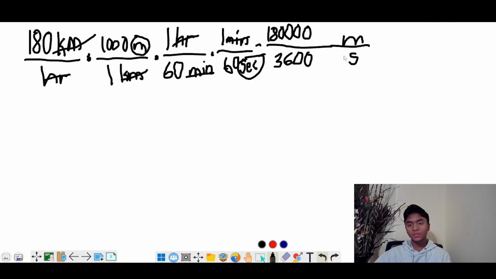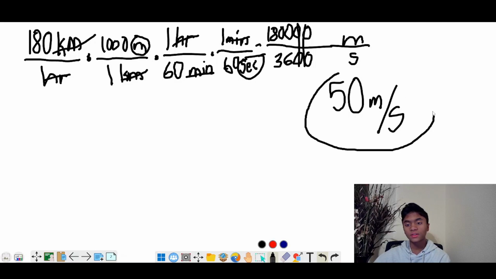So this is what our answer is, but we can definitely simplify this down, so let's do that. So the zeros cancel out, the second set of zeros cancel out, so you have 1,800 divided by 36. Well, 180 divided by 36 is 5, so 1,800 divided by 36 would be 50. So we're going to be left with 50 meters per second.